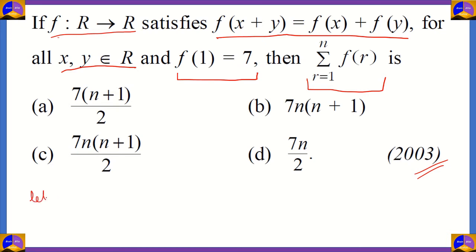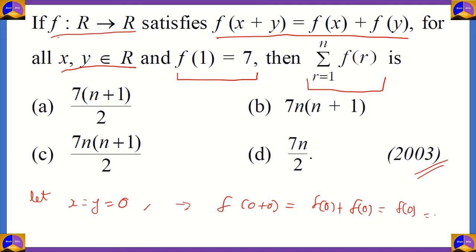Now, if we consider x equals y equals 0, then f of 0 plus 0 is equal to f of 0 plus f of 0, which is 2 times f of 0. That means f of 0 is equal to 0. So when x and y are both equal to 0, f of 0 can be considered as 0.